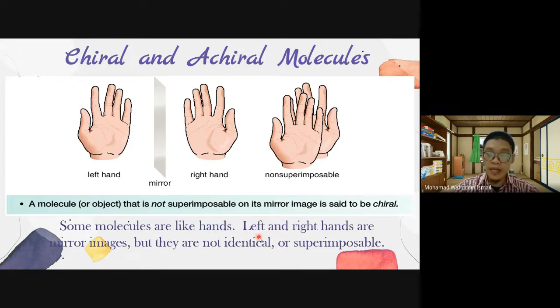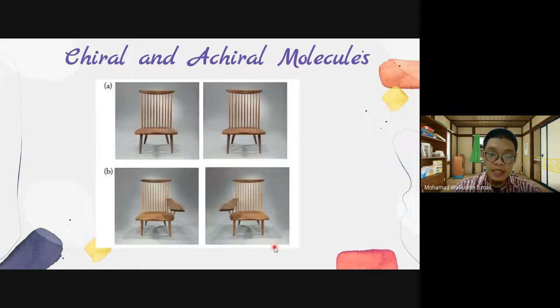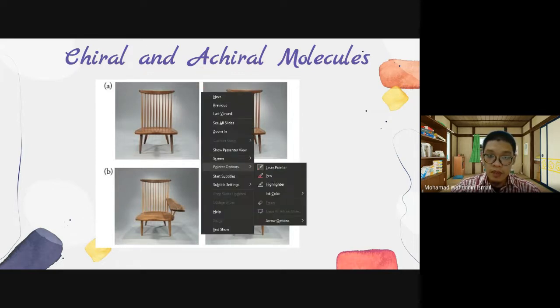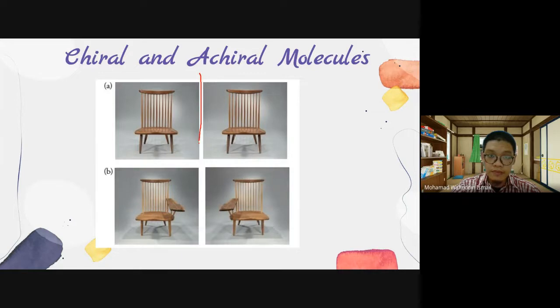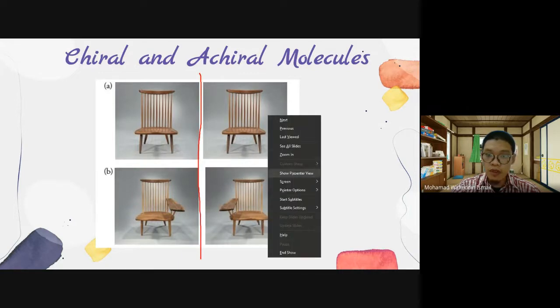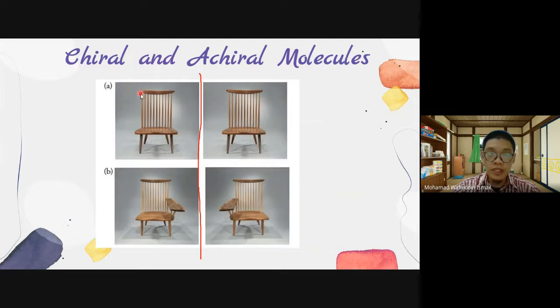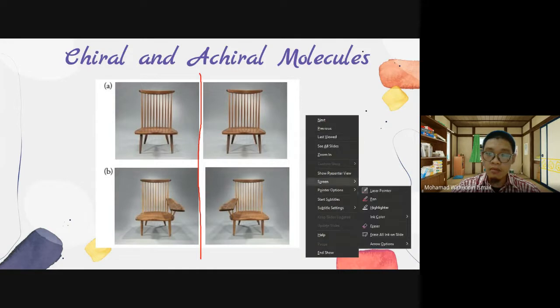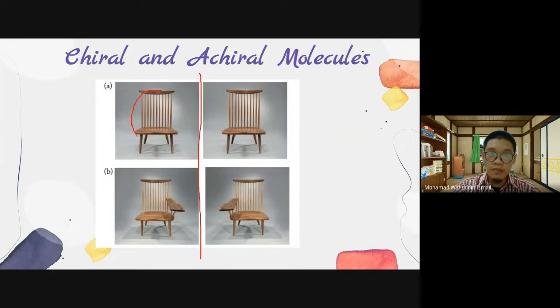Some molecules have left and right hand mirror images, but they are not identical or superimposable. This is another example. When you put a mirror here, you will see both this one and this one are mirror images. When superimposed together, they can be attached to each other.